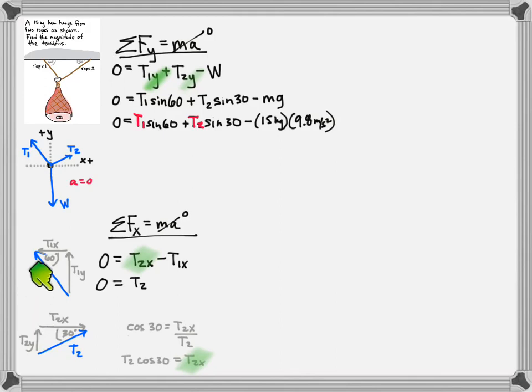Since for T2 I want the horizontal component that's adjacent to the 30-degree angle, I can write cosine is adjacent over hypotenuse, and I can solve out again for the horizontal component, and it looks really similar to what we did for the vertical direction. So wherever I see T2x, I could write T2 cosine 30 instead.